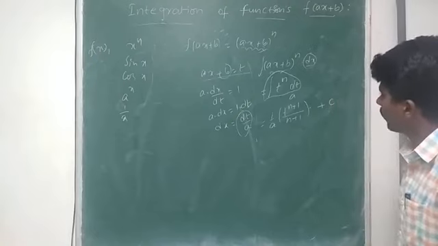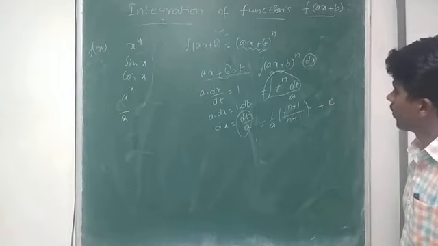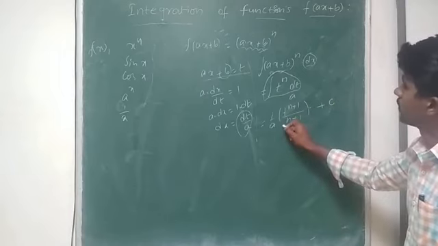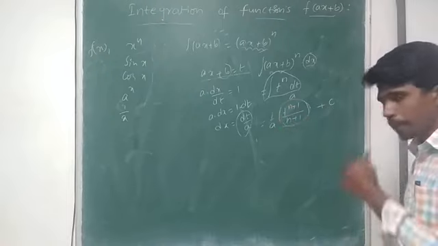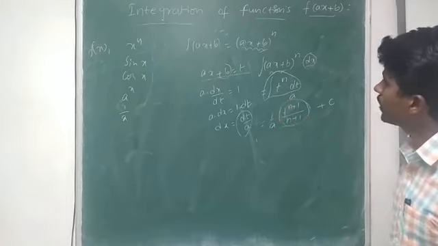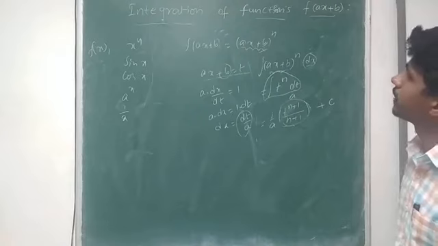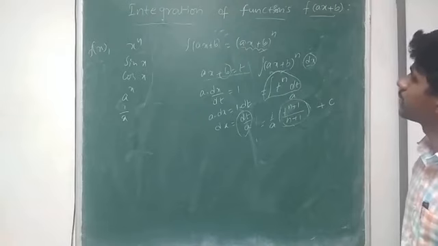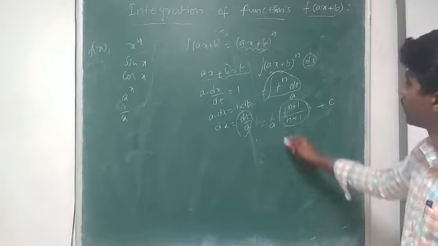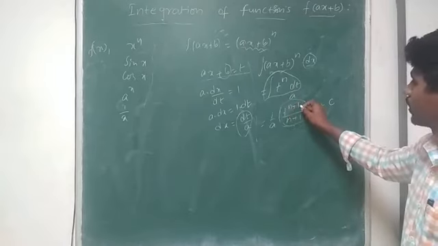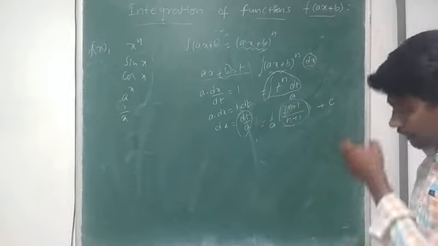So now what did we find here? This is nothing but the integral of the given function, and we just divided by a. So the integral of (ax plus b) to the power n is equal to t to the power of n plus 1 by n plus 1. What is t? I have to replace the t, no?